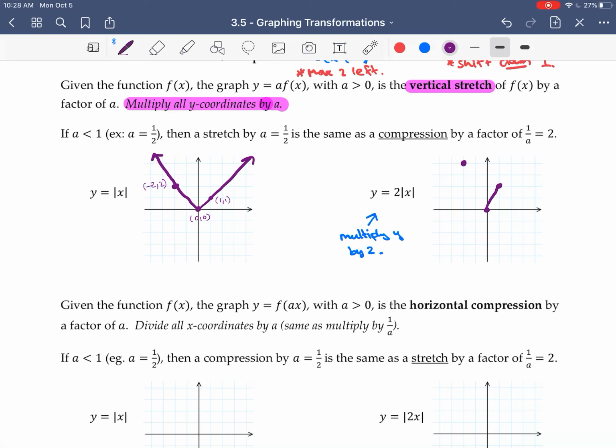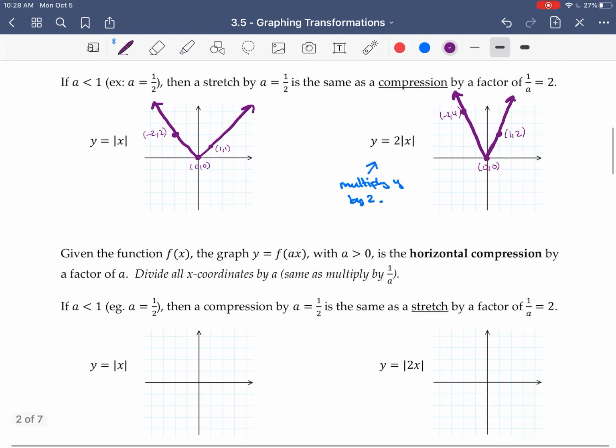So you see, the graph looks the same, except that it's been vertically stretched, like you pulled the ends and you pulled them up. Okay, so that's what the graph of that one would look like.